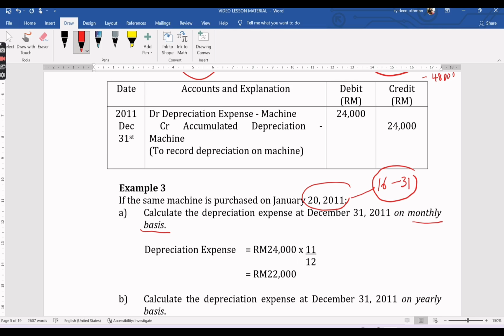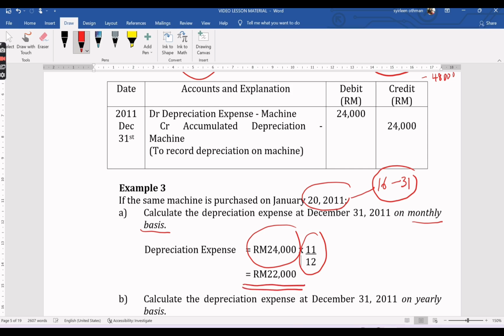So the depreciation expense is actually 24,000, the one that we calculated earlier. We are still using the same amount, but we won't be recording 24,000 because depreciation is only for 11 months. So kita akan multiply dengan 11 upon 12. So depreciation expense using monthly basis for the year 2011 is only 22,000.